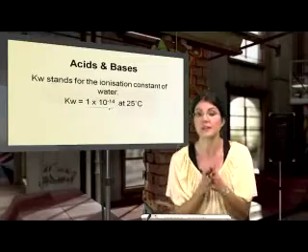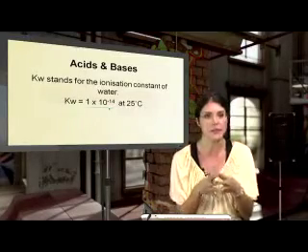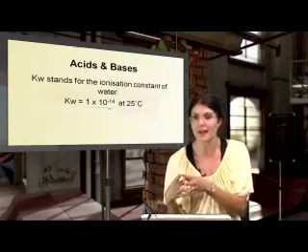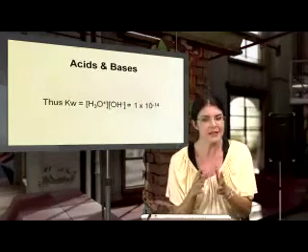Okay, so that's something that you will be given, where your Kw, which is your ionization constant of water, is equal to the concentration of the hydronium ion multiplied by the concentration of the hydroxyl ion, and that gives you 1 times 10 to the power of -14. Okay, so keep that in consideration.